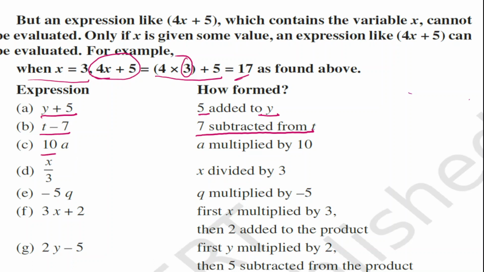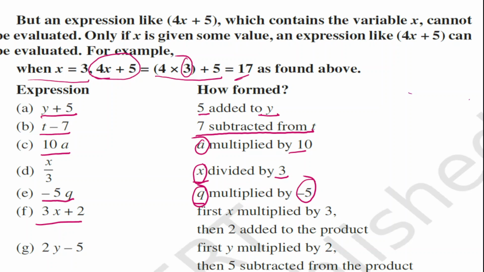And 10a is an expression where we are multiplying a by 10. Here a is the variable. And x by 3 is also an expression, where we are dividing x by 3. Here x is a variable. And minus 5q is where the variable q is multiplied by minus 5.